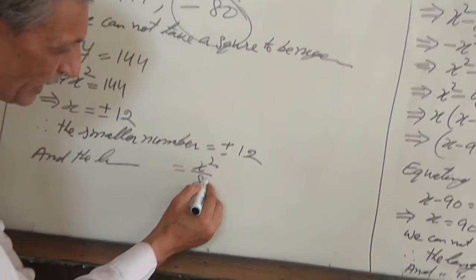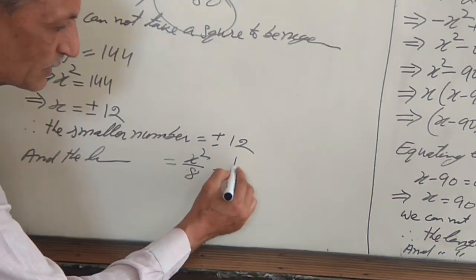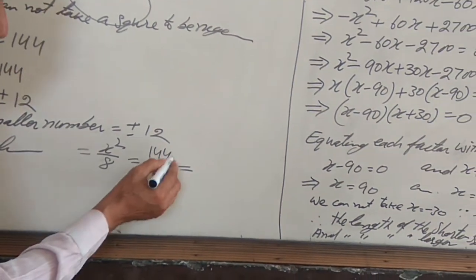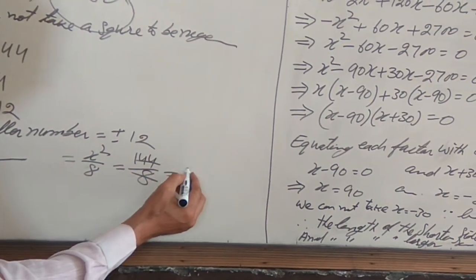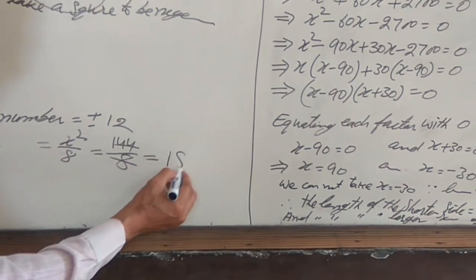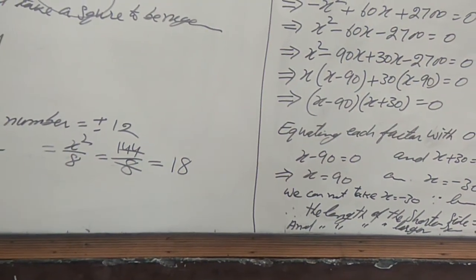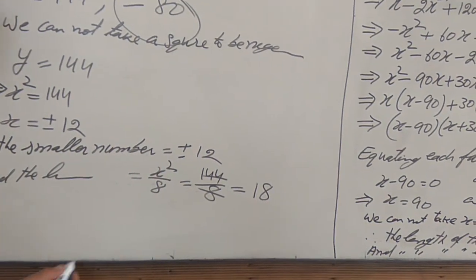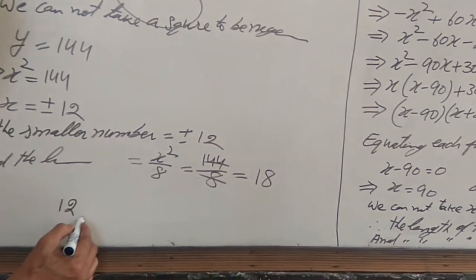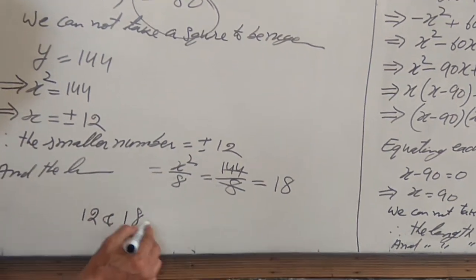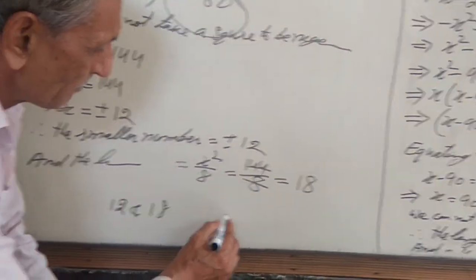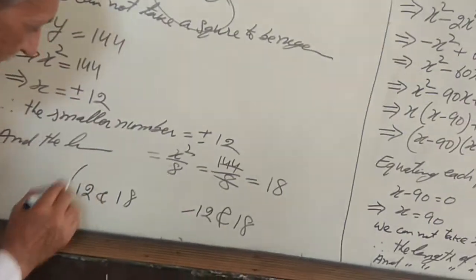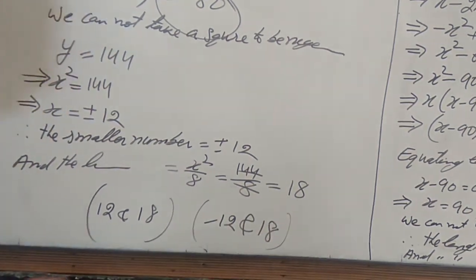The square of this is 144 upon 8. This should give you 18. So we have found out both the numbers. The numbers can either be 12 and 18, or they can be minus 12 and 18. These can be the two pairs of those numbers.